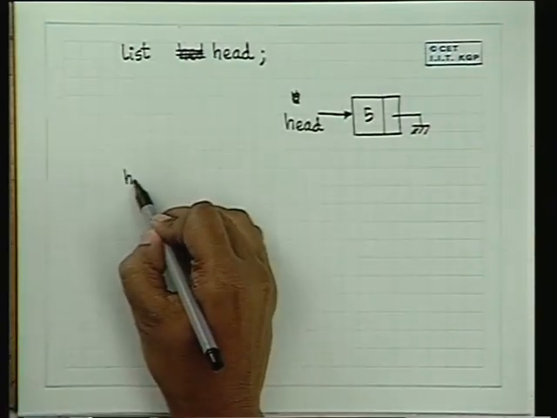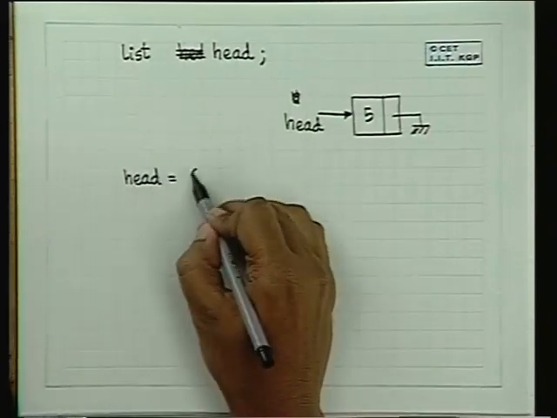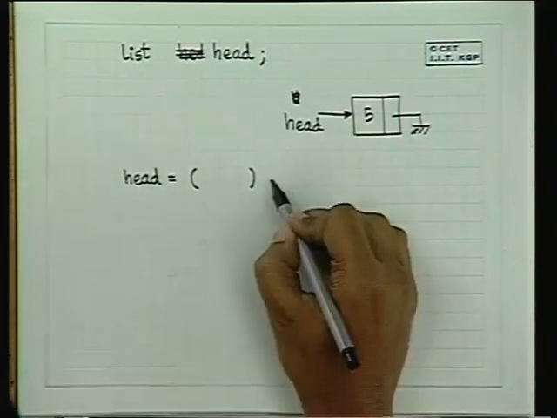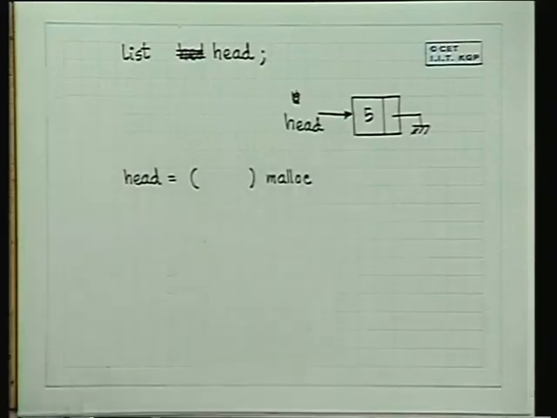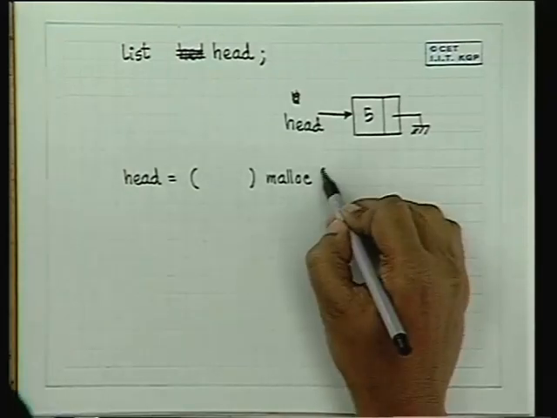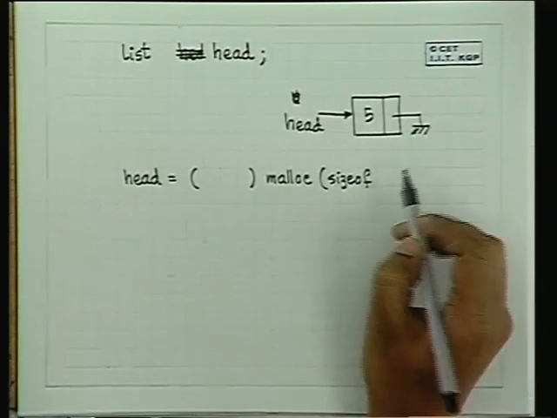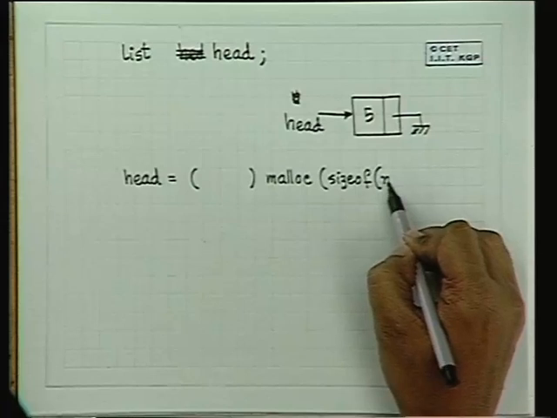So for that we will have to say head is equal to malloc size of, we are going to allocate one node of this size, isn't it? So size of node.